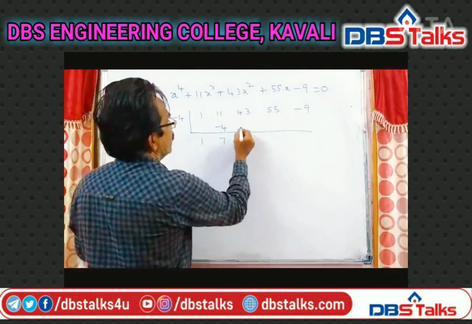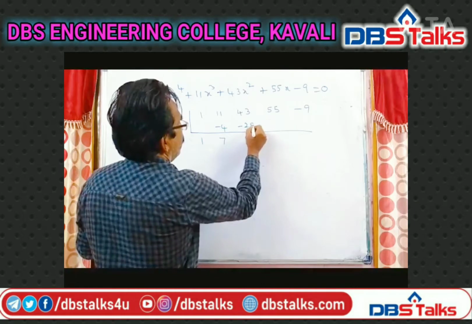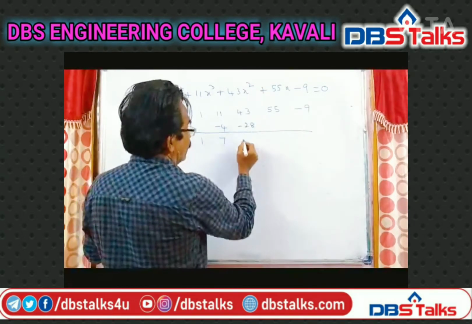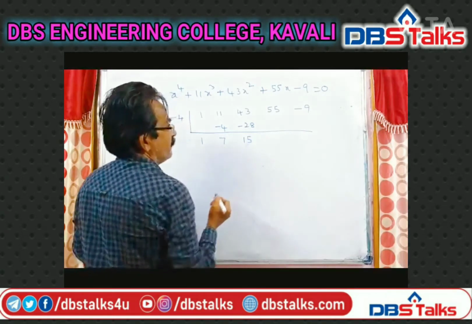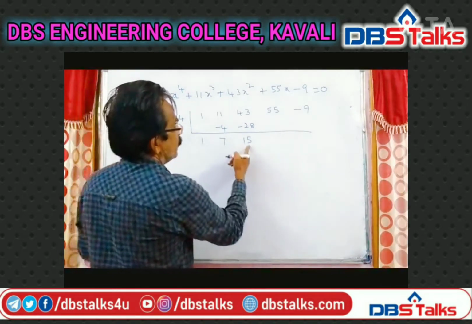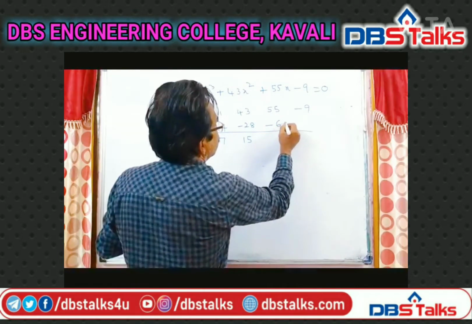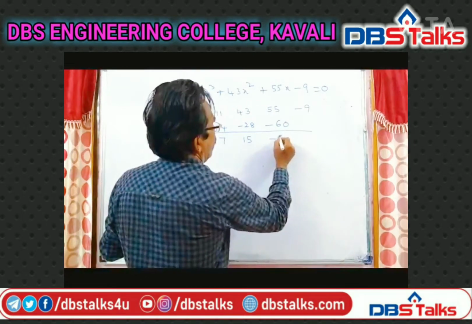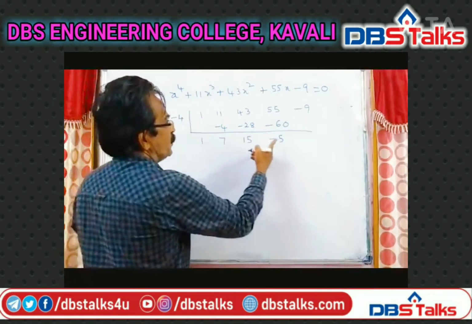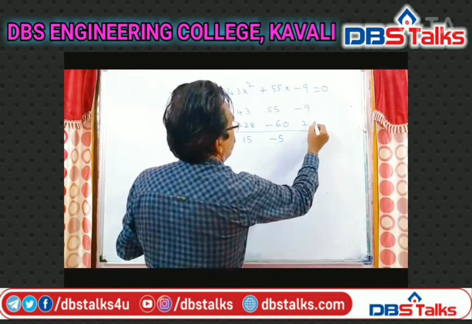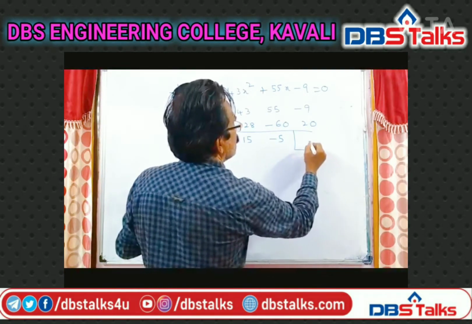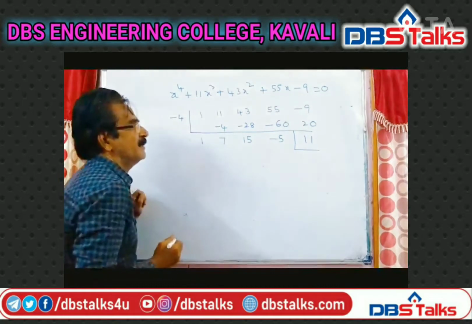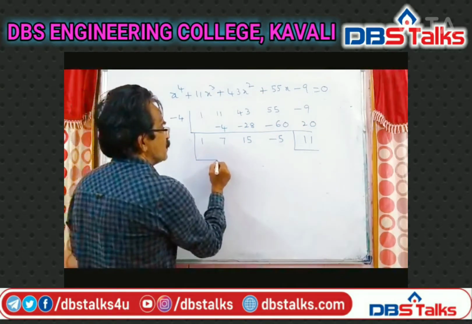Minus 4 into 7 is minus 28, 15. Minus 4 into 15 is minus 60, minus 5. Minus 4 into minus 5 is plus 20. So 11.